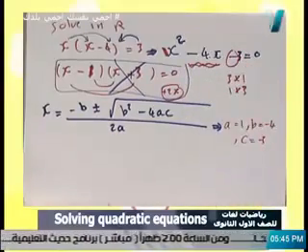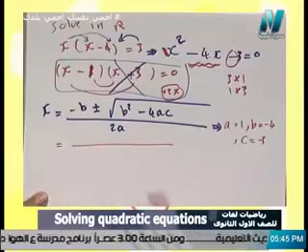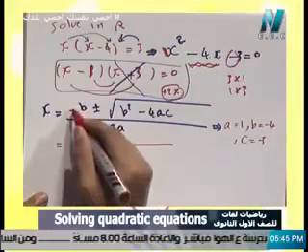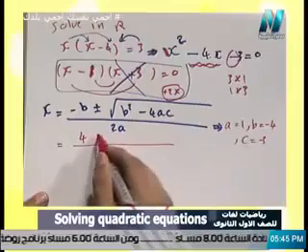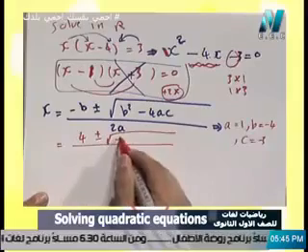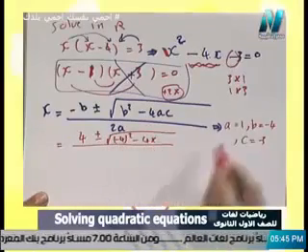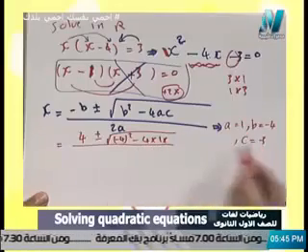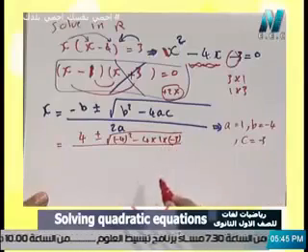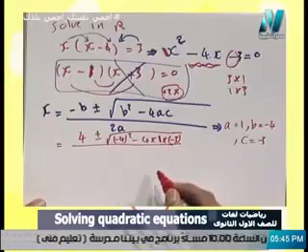Okay? And by substitution, we will find that negative b is the converse of b, which is negative 4, so it will be 4. Negative times negative equals positive. So here, plus or minus square root of b power 2, which is negative 4, all power 2, minus 4 multiplied by a, which is 1, multiplied by c, which is negative 3. Put it in brackets to make it clear and to avoid mistakes.